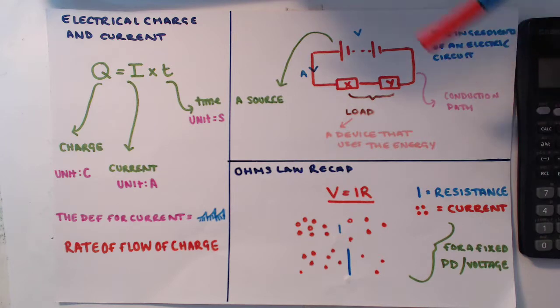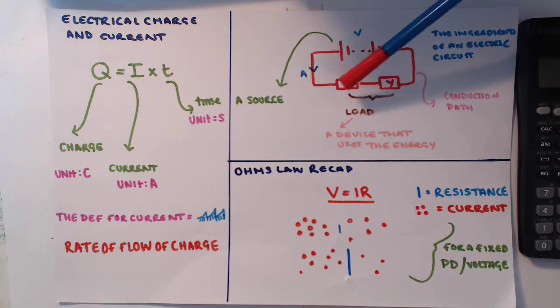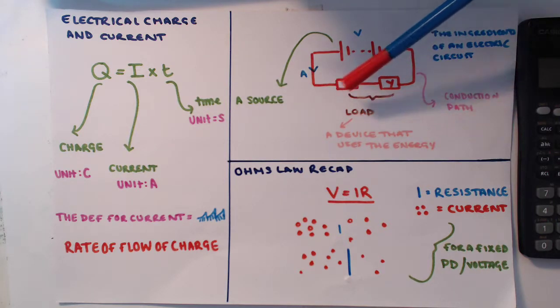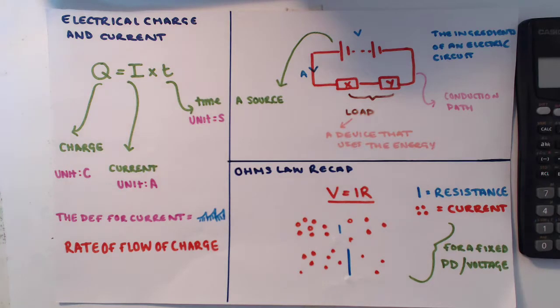Our conduction path is the wires, what leads the battery to the load. And over here the load is resistors, because remember that's the symbol for a resistor in a circuit. So that is a typical electric circuit, and you'll note one other thing about it is that the resistors are in series.